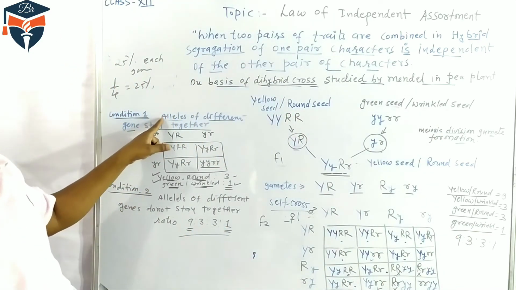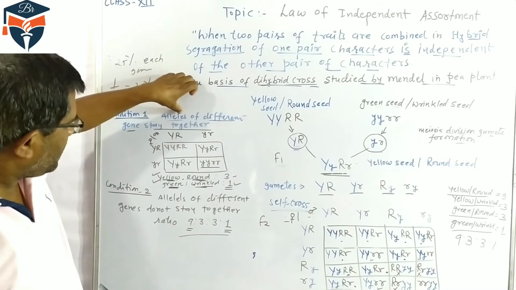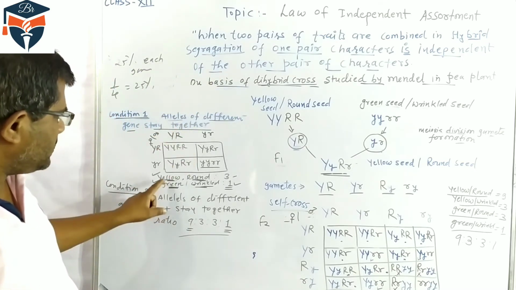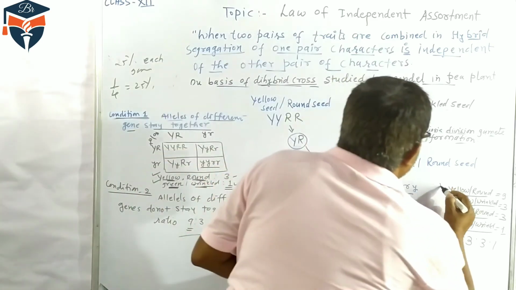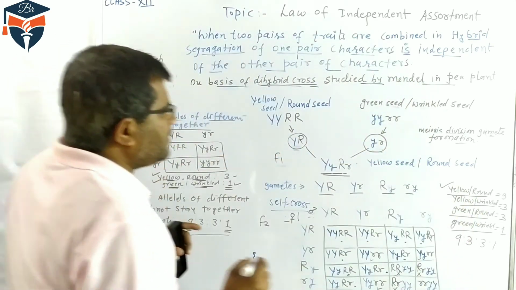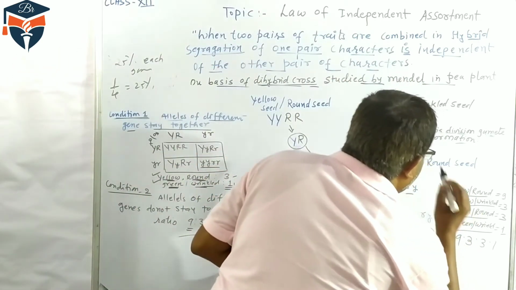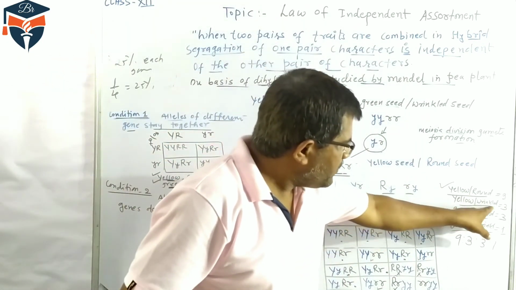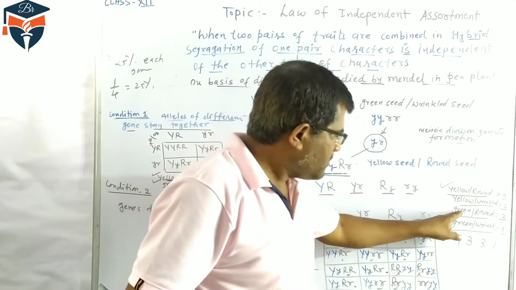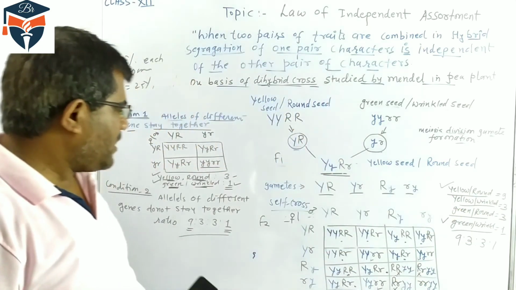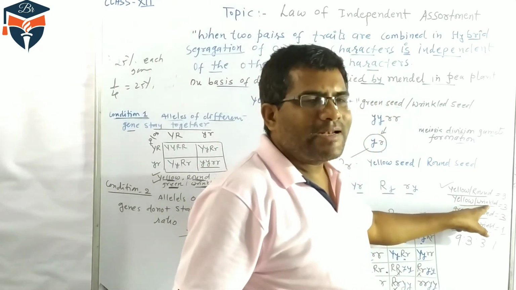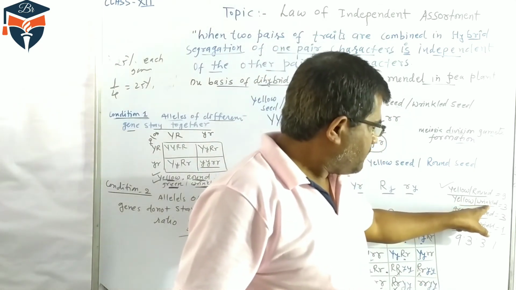In the condition where alleles of different genes stay together, only yellow and round and green and wrinkle are formed. But in the F2 generation we are finding yellow and wrinkle are also there, green and round are also there. It means the wrinkle character is expressed.